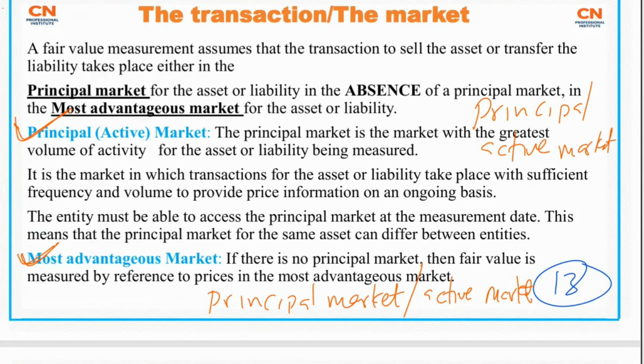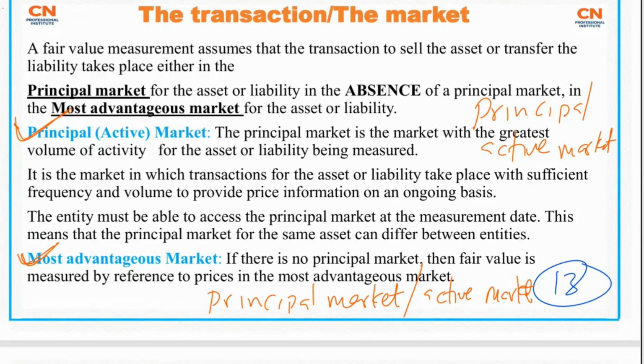If there is no principal or active market, then you can go and use the most advantageous. So that's the hierarchy. We give preference to the principal or the active market, and in the absence of it, essentially we should use the most advantageous market. So don't forget the hierarchy: active or principal market first. If there's no active or principal market, then we use the most advantageous market. So that's it.